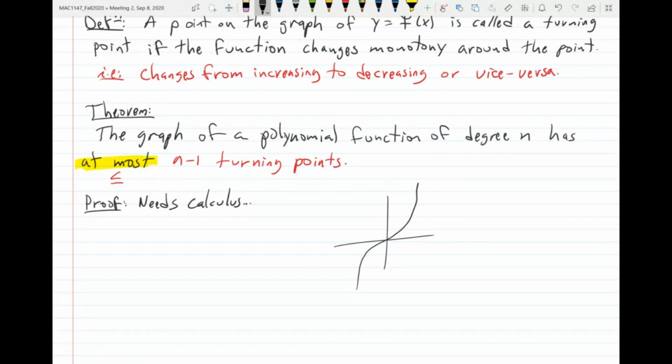So it doesn't mean that you will always have n minus 1 turning points. What the theorem says is you have at most, no more than, n minus 1 turning points, okay? You could have less or even none, like any power function with odd degree, 3 or 7 or 21, whatever, is not going to have any turning point, okay?